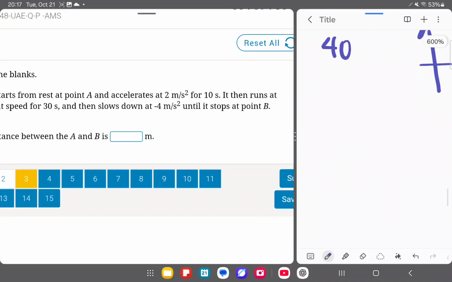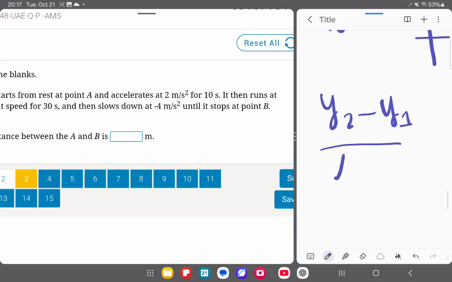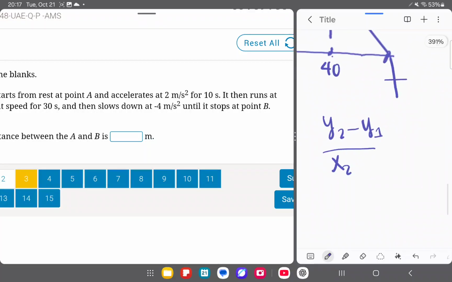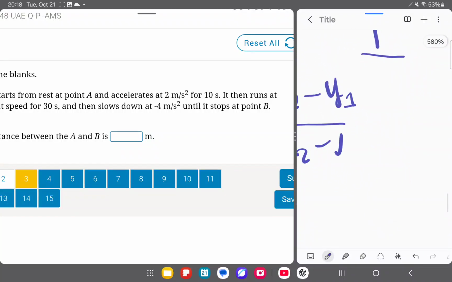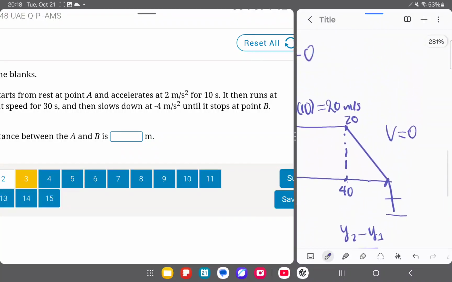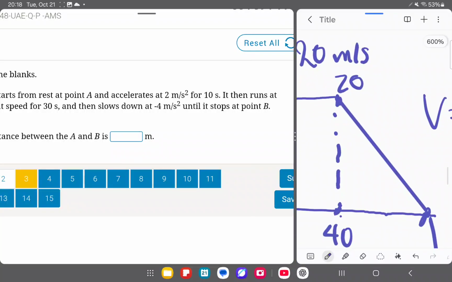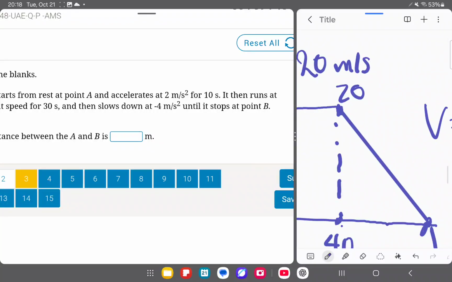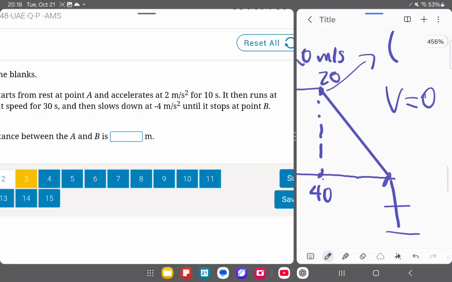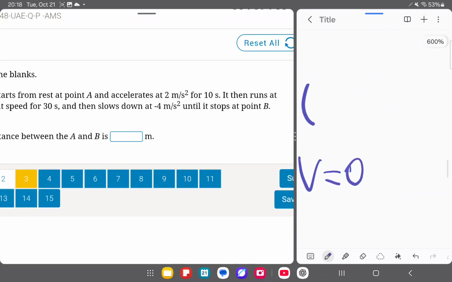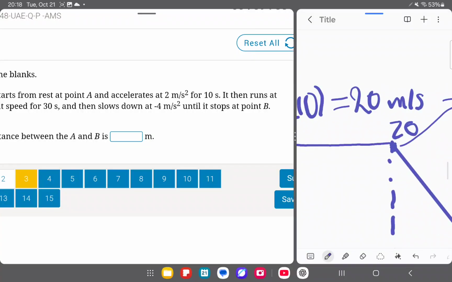So we'll do y2 minus y1 over x2 minus x1. Remember, x represents t, and y represents v. I'm just writing this formula again. Our first coordinates are x1, y1, and then x2, y2. The x coordinate is 40 and the y coordinate is 20.